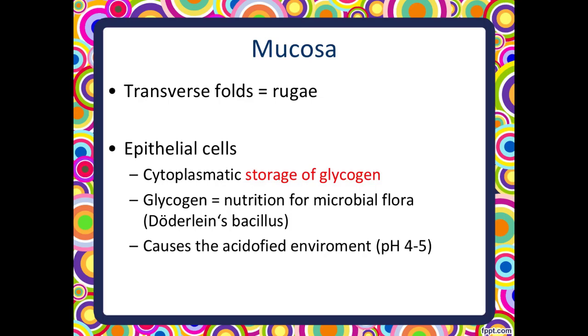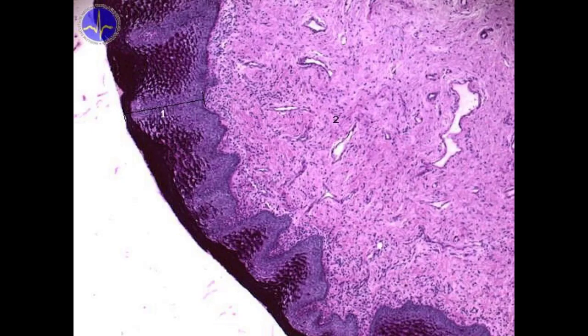Glycogen serves as a nutrition for microbial flora, which is very important in the environment of vagina because by the degradation of glycogen, the lactate is produced and it acidifies the environment to pH 4 to 5, and this is very important to prevent infection of the vagina.